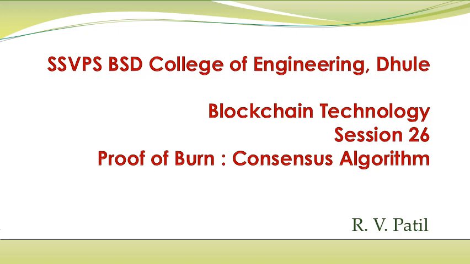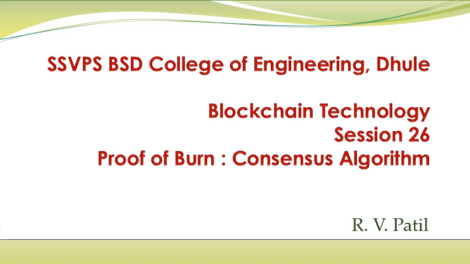In proof of work, the miners compete with each other for proposing a block, and they are given a mathematical puzzle, and the miners have to solve this mathematical puzzle. The miner who solves this mathematical puzzle first will get the chance to propose a block in the proof of work mechanism that we have studied in the previous sessions.